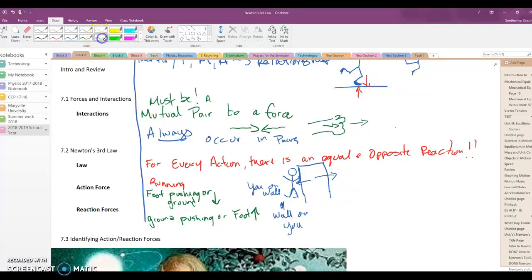Okay, third example. And this one you can kind of feel. If you've ever hammered something, there's a distinct feel in your hammer when you strike the nail. So as you're holding this, right? Here's your hand. This is you holding a hammer. As you strike the nail, this is the force of the hammer, right? And then this is the force of the nail.